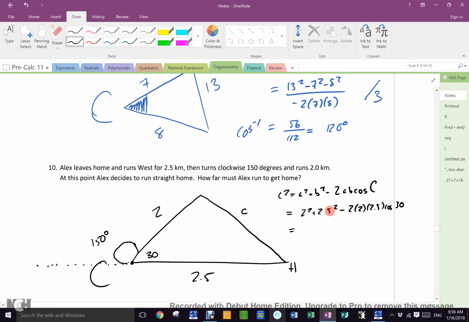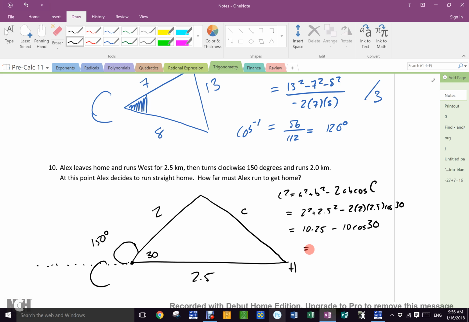So that's 4 plus 6.25 is 10.25, minus 2 times 2 is 4 times 2.5 is 10, minus 10 cos 30. Anybody get an answer for me? 0.47. Let's check. Anybody corroborate 0.47?